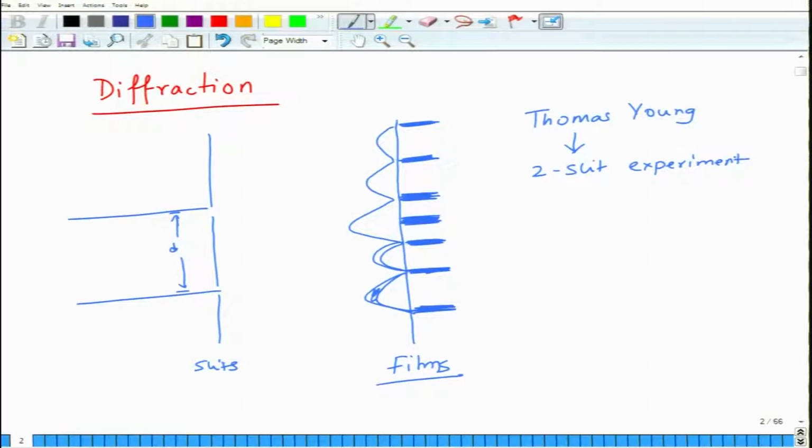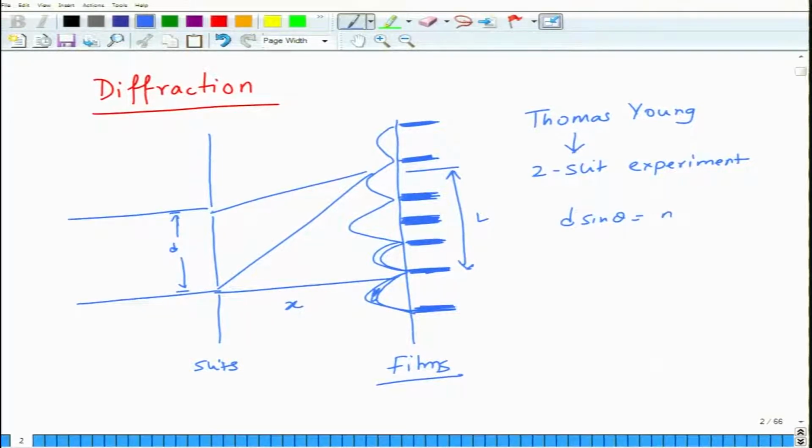who said that, so you had certain angle of diffraction, let's say, and if the screen, this distance was x, this was L, and the slit spacing was d, then what he found out was d sin theta was equal to n lambda, where theta was the angle of diffraction, n was the integer.